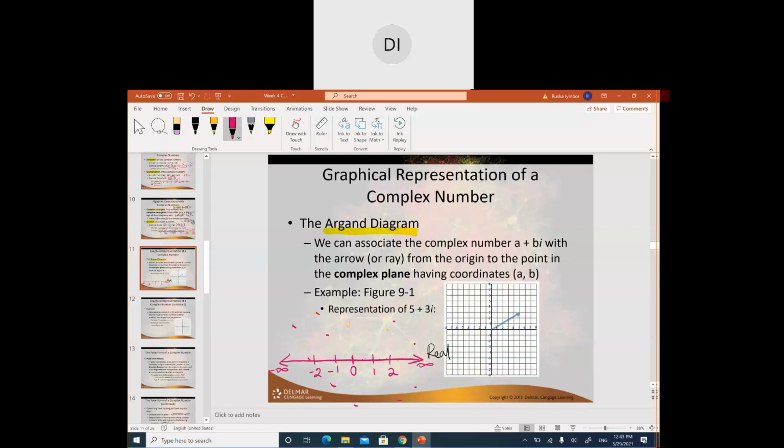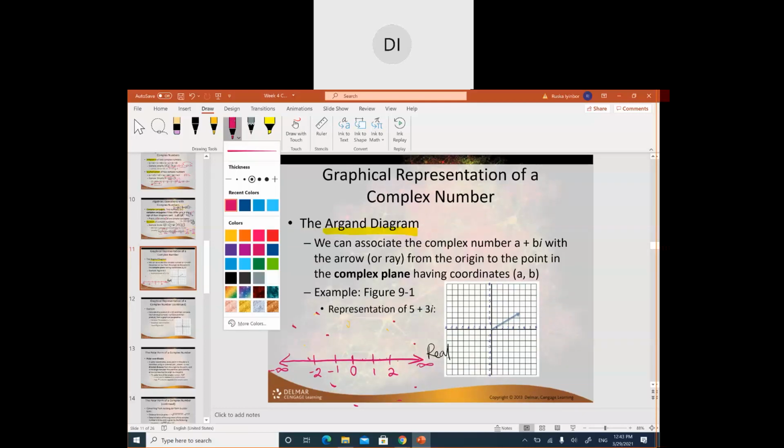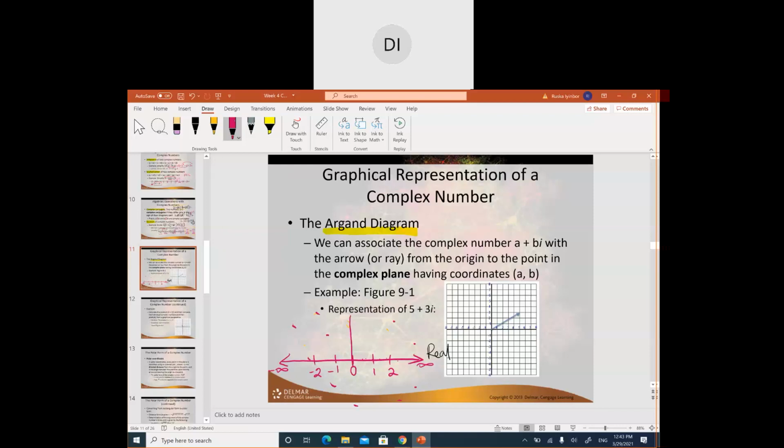So if you pretend that this is your real component, and it's like a rectangular coordinate system, you have the x and y coordinate system, you know that, right? This is your real axis, and the y-axis is like the imaginary axis. If you look at the real and imaginary axes, similar to the x and y axes in the rectangular coordinate system, you can see that any point can be represented with a real and an imaginary component.